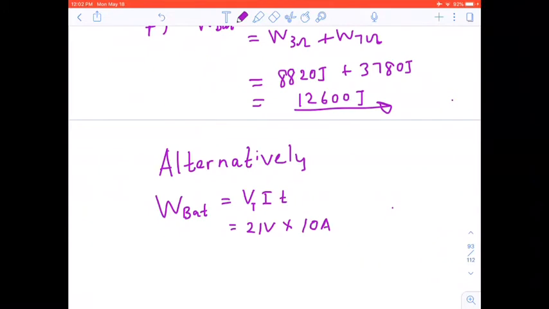And then the time is 60 seconds. And if we look at that, that gives us 12,600 joules.